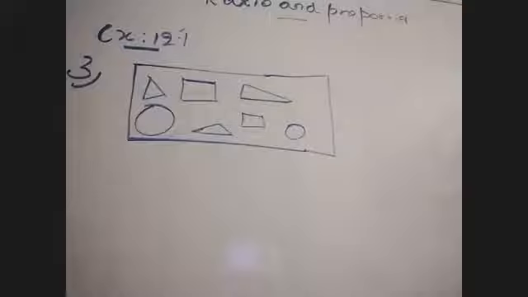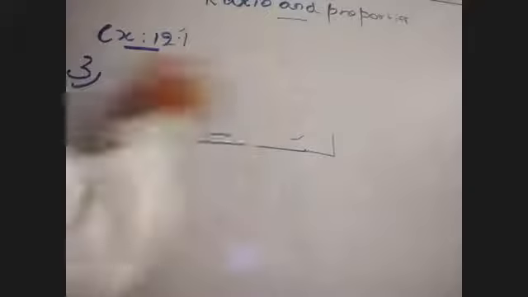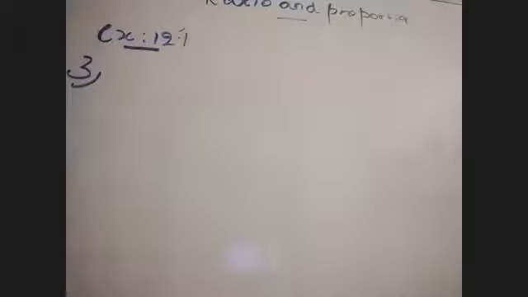So for question number 3, you can take a snapshot of it. I just drew a figure so that if you don't have it, you can take a snapshot from your device and solve it on a separate sheet of paper or wherever you are doing it.